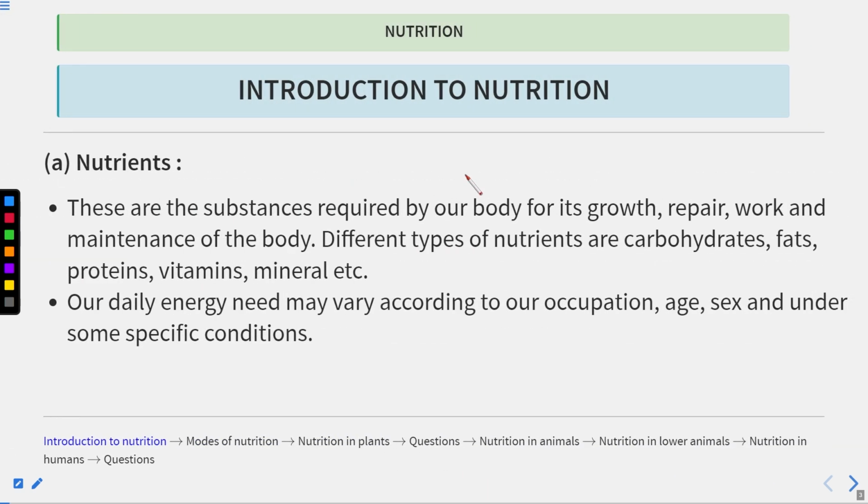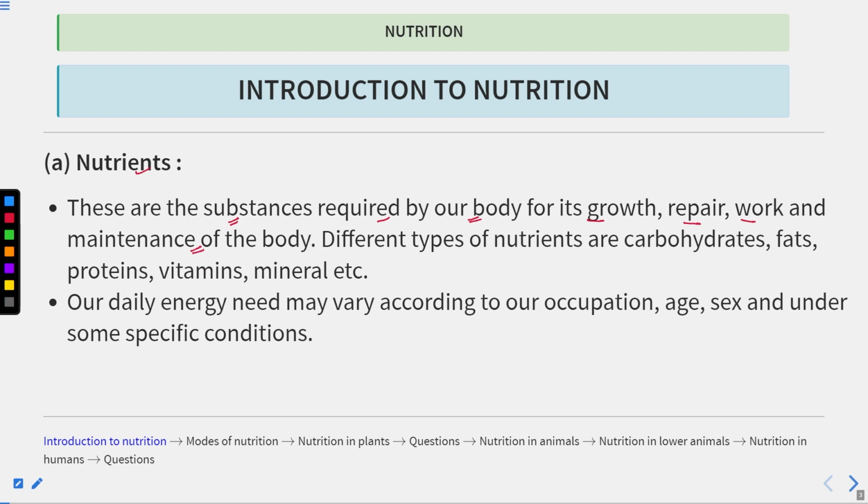Now, what are nutrients? Let's understand the definition of nutrients. Nutrients are substances that are required by humans or any other living organism for growth, repair, work, and the maintenance of the body.